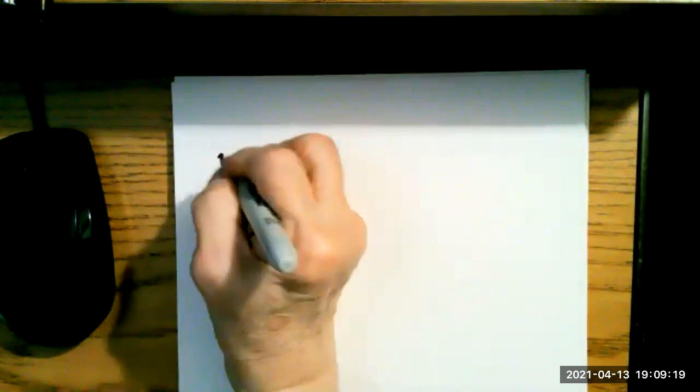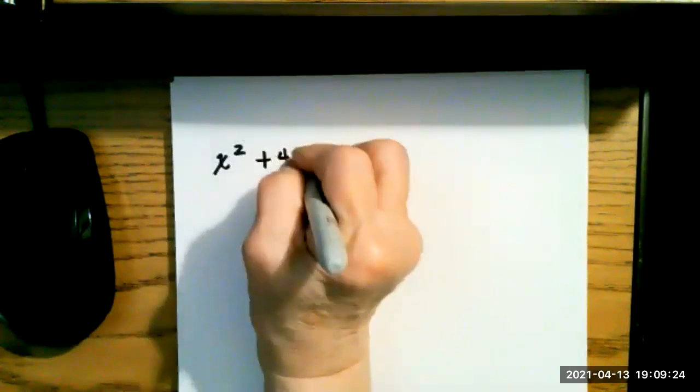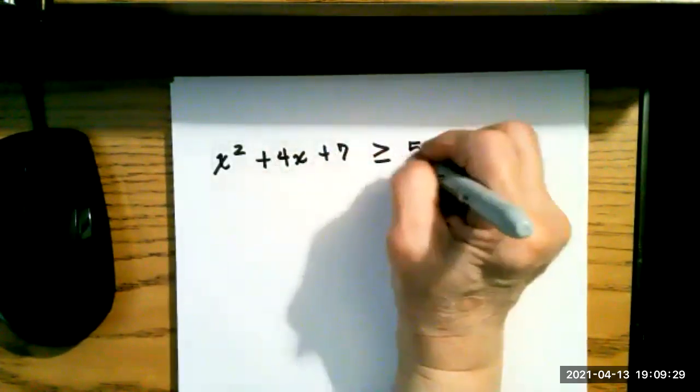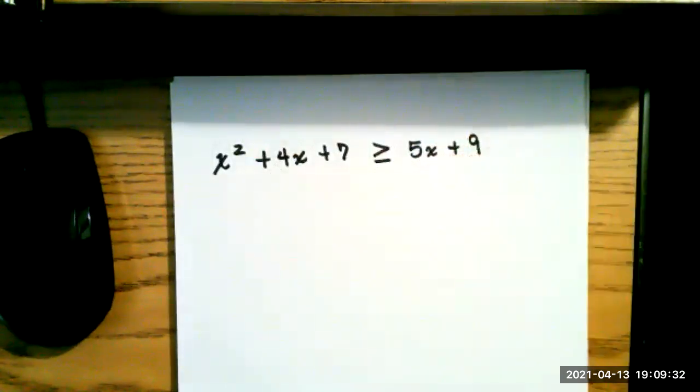The next problem is a little more complicated than that one, but not much. It is x squared plus 4x plus 7 is greater than or equal to 5x plus 9. Now, I really can't do much with this until I get a 0 over there. So then I can do my other things.